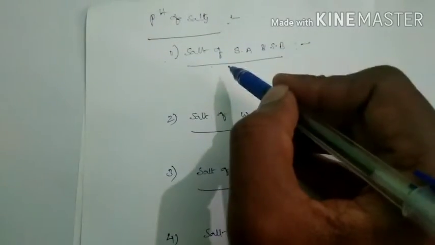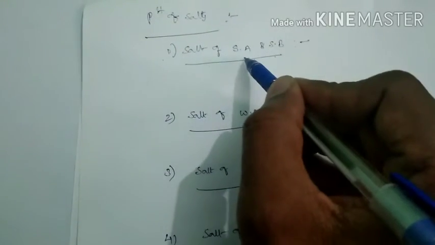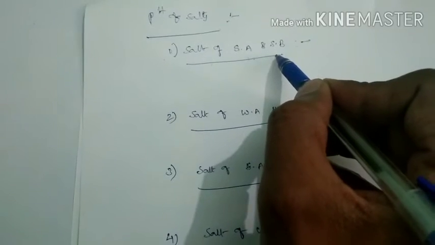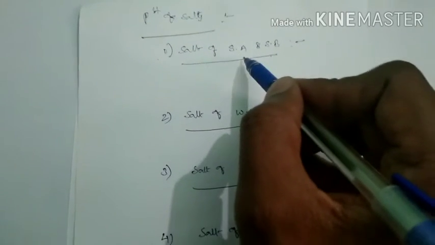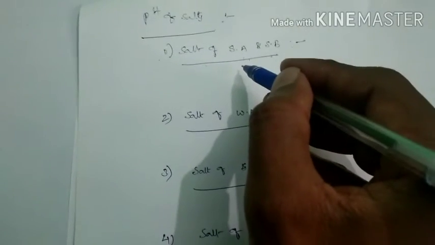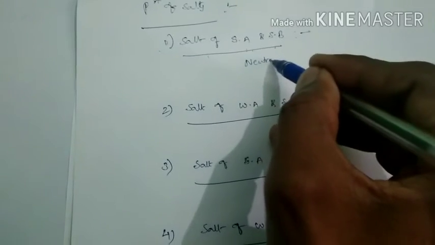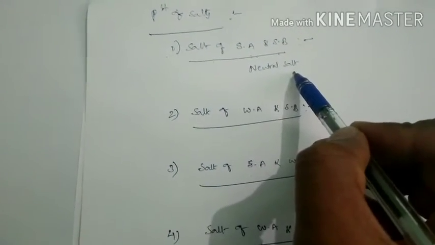So now first we discuss about this one, that is salt of strong acid and strong base. That means this salt is formed from strong acid and strong base. That is why this is called salt of strong acid and strong base. This is also called neutral salt, because in this salt both are strong in character.